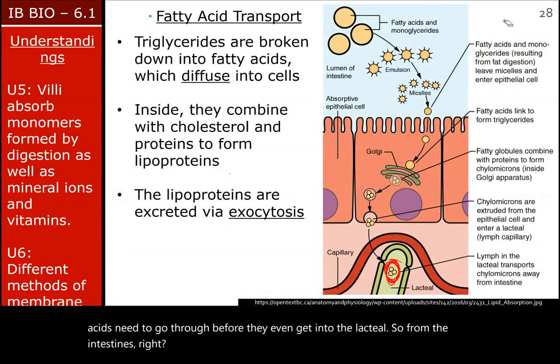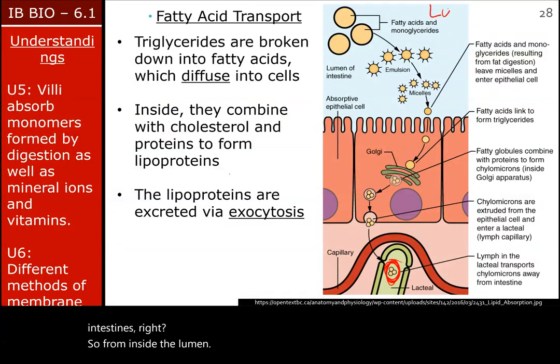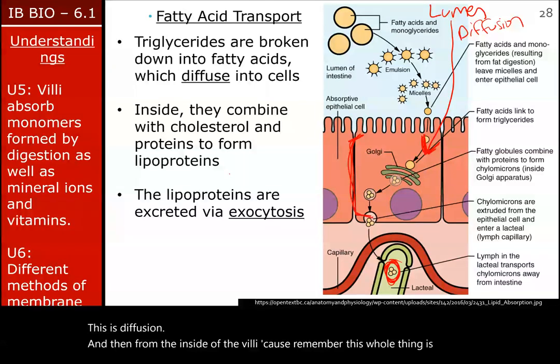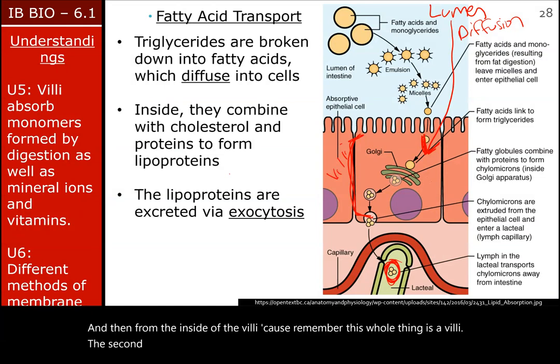So from inside the lumen into the villi. This is diffusion. And then from the inside of the villi, because remember this whole thing is a villi, the second method of transport from here to here is exocytosis.